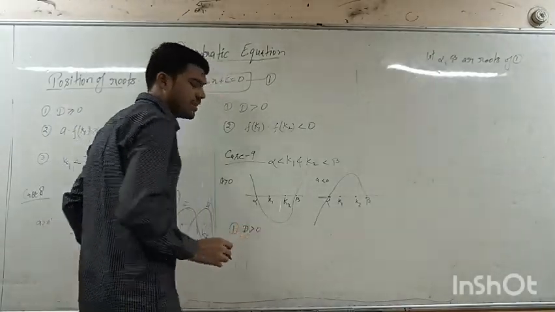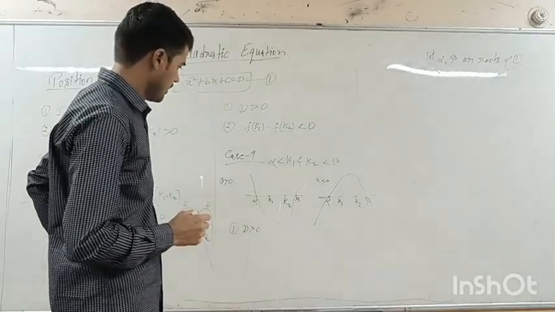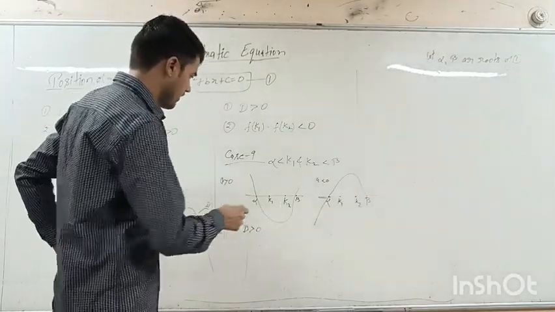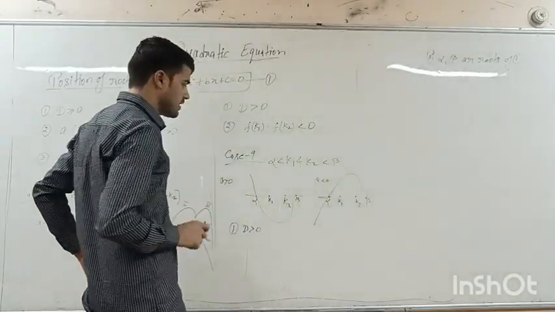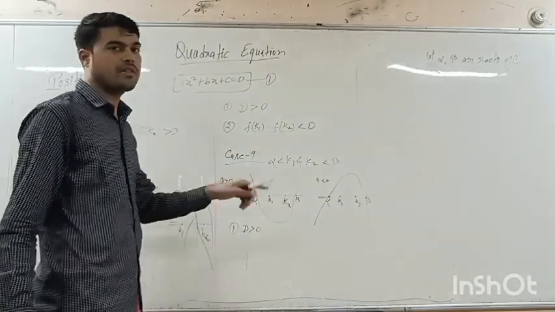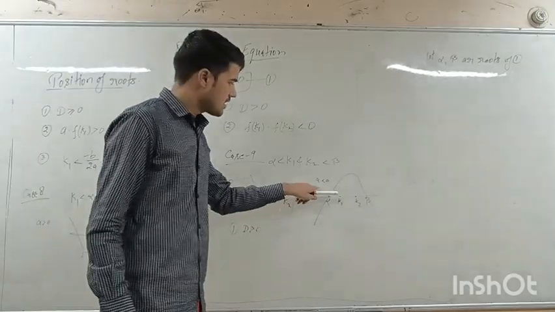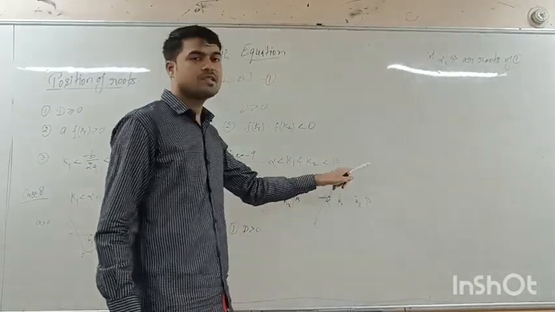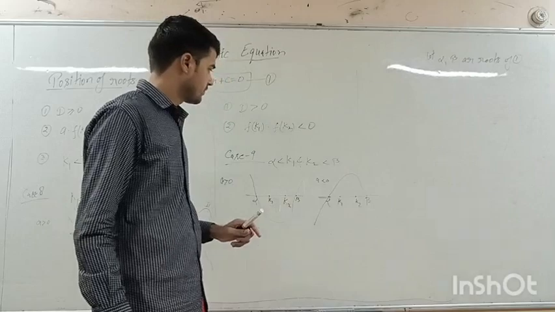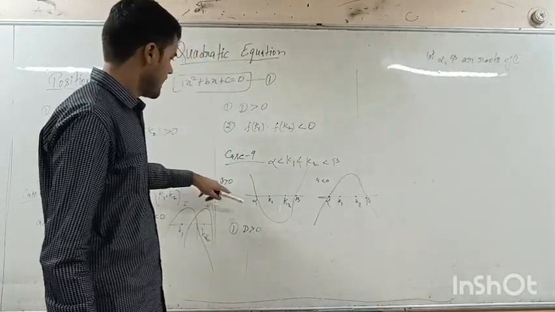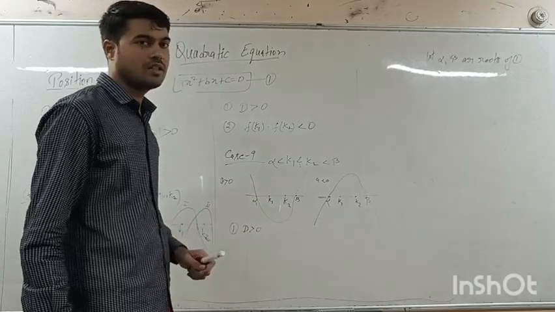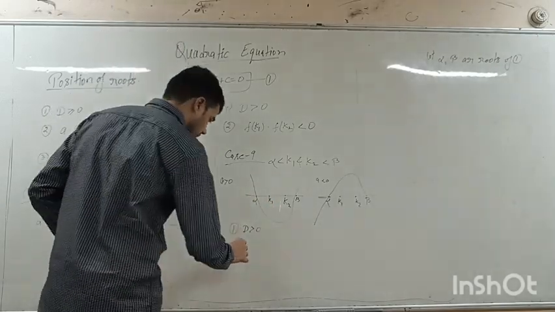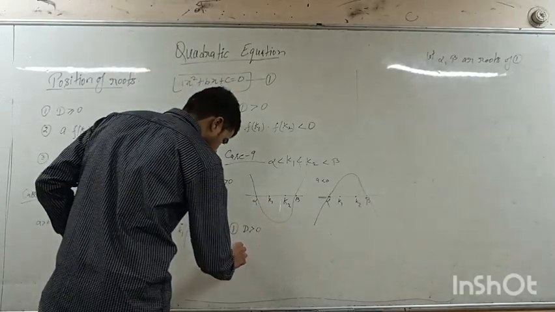D is strictly greater than 0, and f(k1) and f(k2): if a is greater than 0, f(k1) is negative, f(k2) is negative. If a is less than 0, f(k1) is positive, f(k2) is positive. Means a and f(k1), and a and f(k2) have different sign. Okay. So what can we say from here?